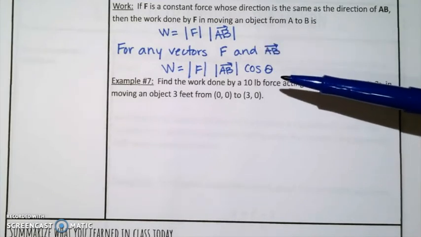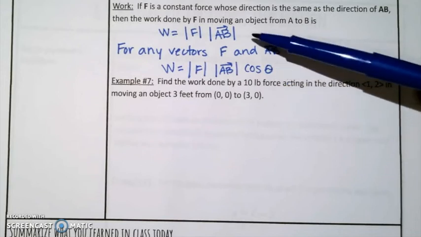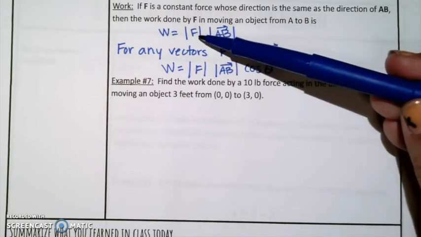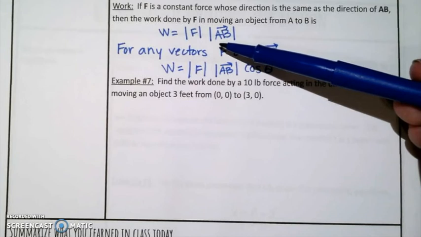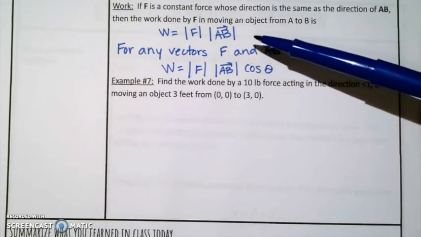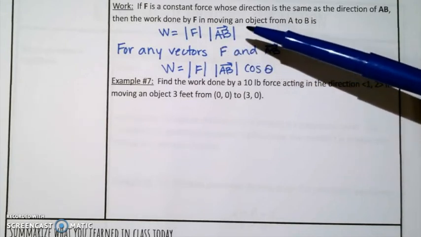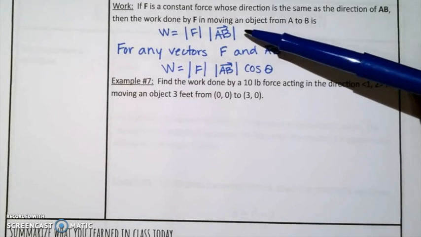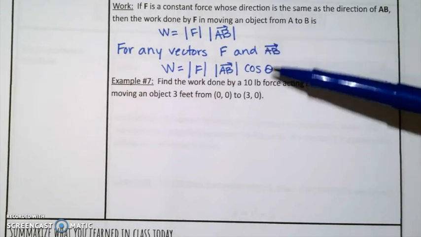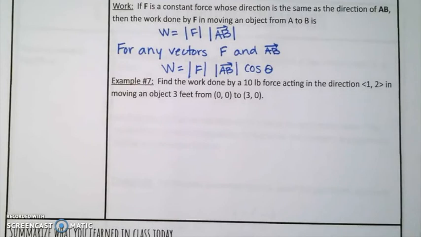They're pointing in the same direction, so the angle between them is 0. So this would just be magnitude of F times the magnitude of AB times cosine of 0, which is 1. So our first equation here is just a simplified version of the second equation. So let's see if we can use this.